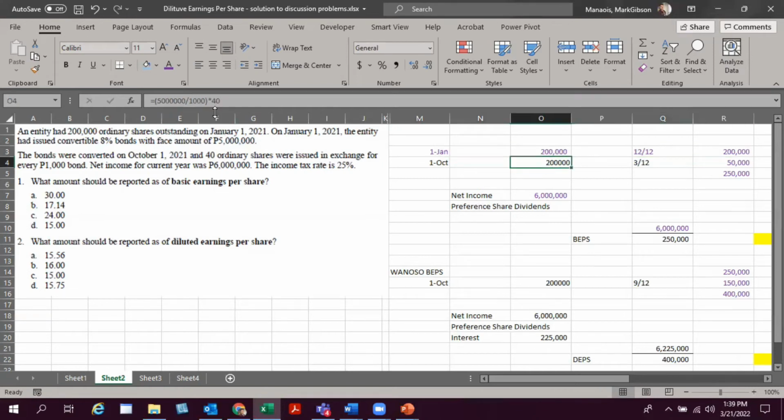So that's 200,000. That 5 million face amount of bonds payable can now be converted into 200,000 ordinary shares.